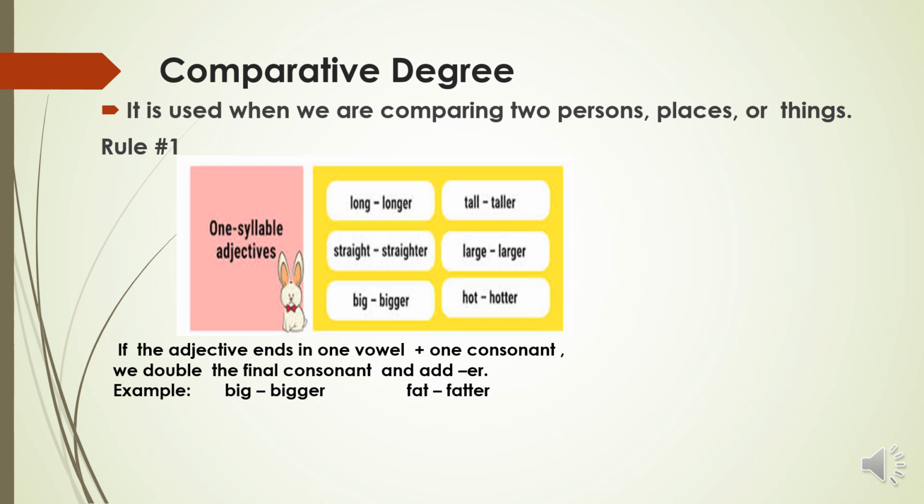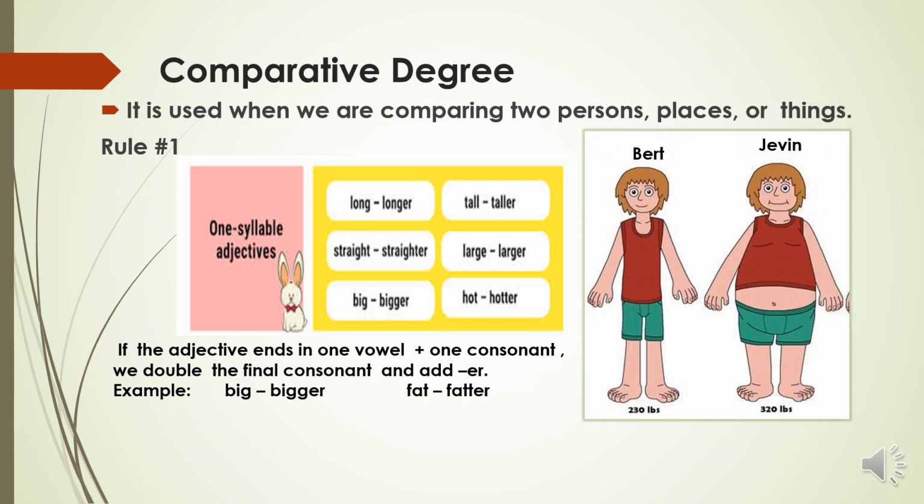For example, big becomes bigger. Fat, fatter. Look at Bert and Jevin. We can say that Jevin is fatter than Bert. We use fatter than because we have compared two persons.